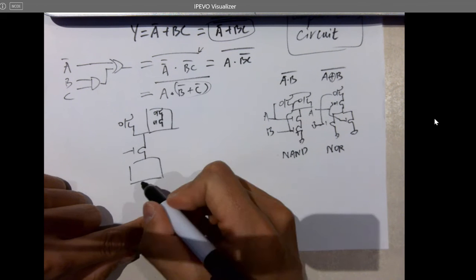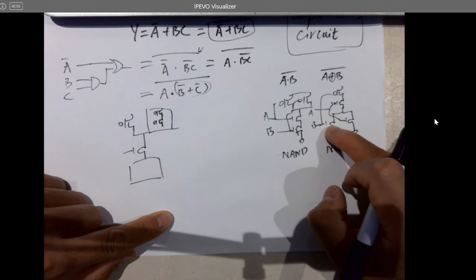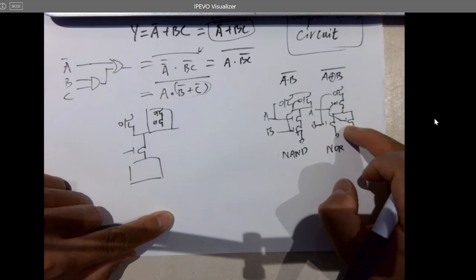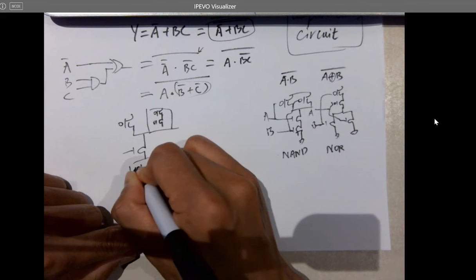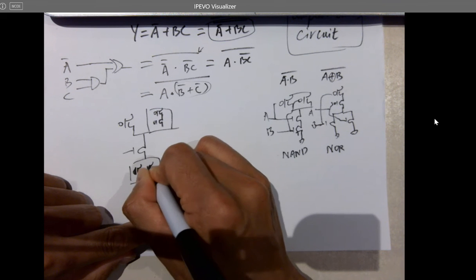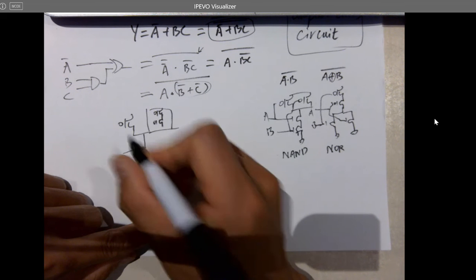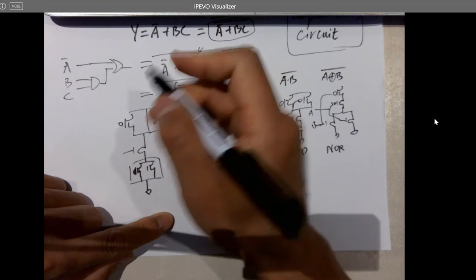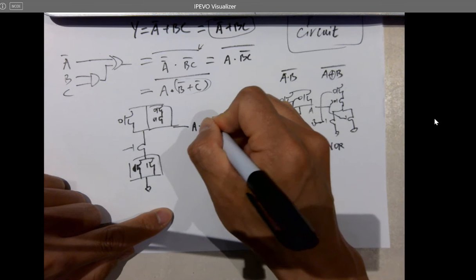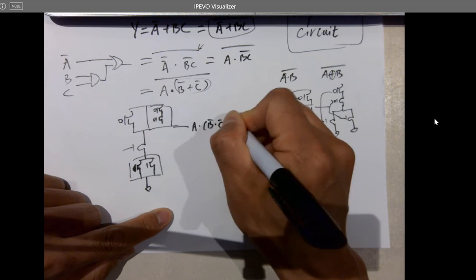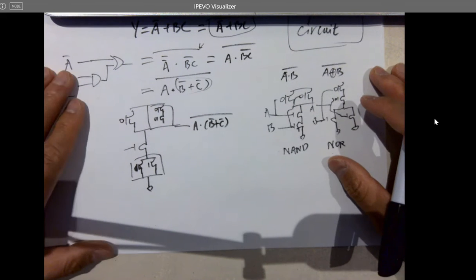And you need two NMOSs in parallel, because the NOR gate has two NMOSs in parallel at the bottom. Oh, sorry, NMOS. And here should be an OR in here.